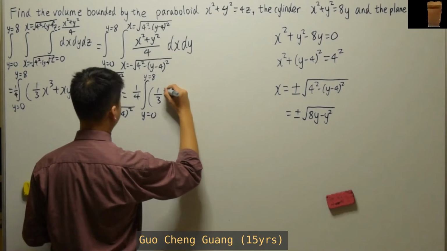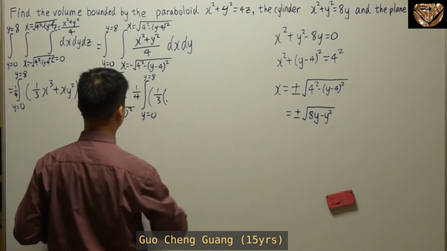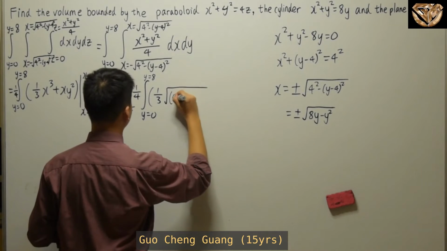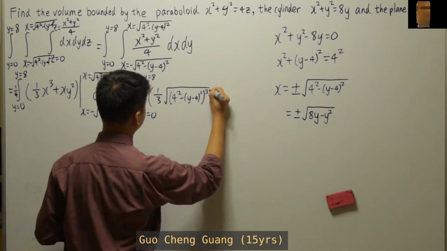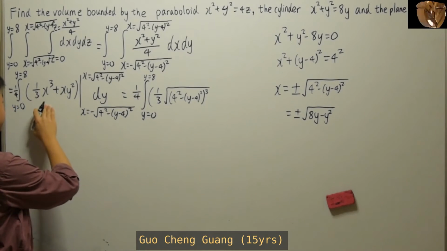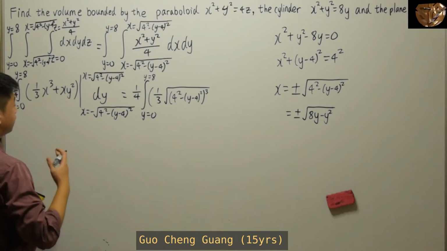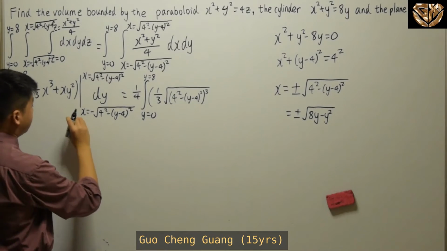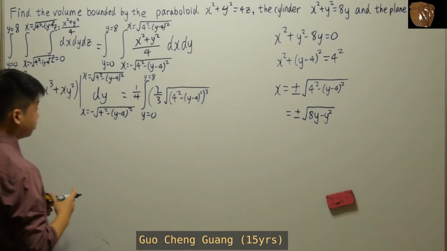Firstly, you're going to have square root of 4 squared minus (y minus 4) squared, cubed. Afterwards, when you substitute in the negative value, since it is a power of 3, it'll still be a negative, but since you have already a negative when you substitute in the lower boundary, you're going to have twice this amount.